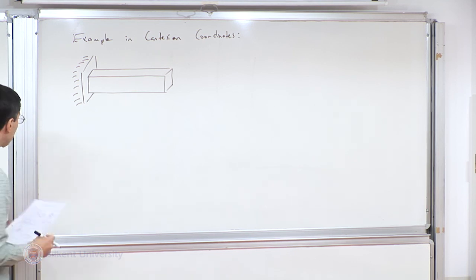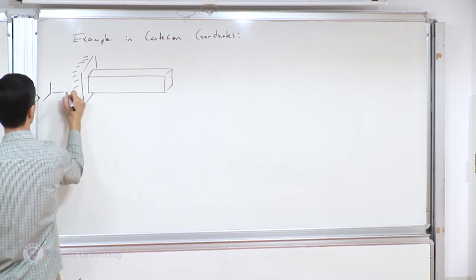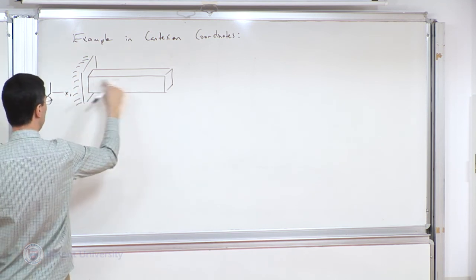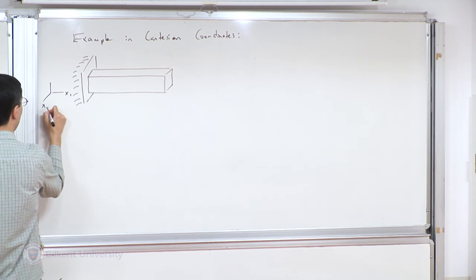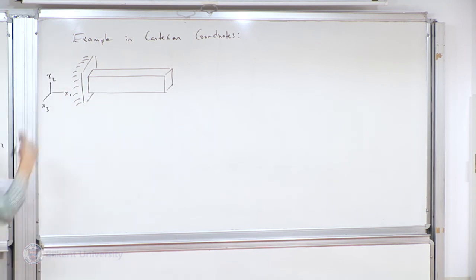For the coordinate system, we don't need a very precise origin, so let me just say that the longitudinal direction is x1, the thickness direction is x3, and along the height it's x2.